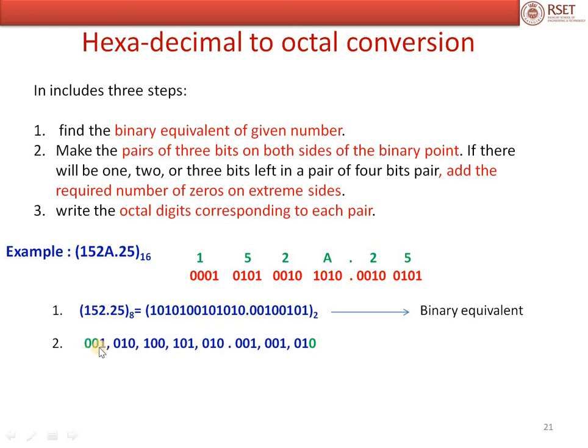Here we need to add 2 additional bits. Here also we need to add 2 additional bits. Then write down the corresponding octal value. And this is 1, this is 2, this is 4, 5, 2, 1, 1, 2. So this is the corresponding octal number.